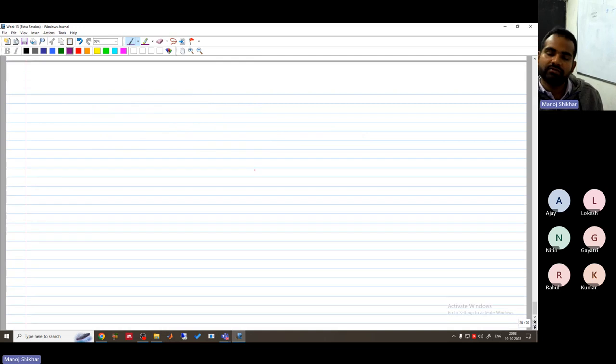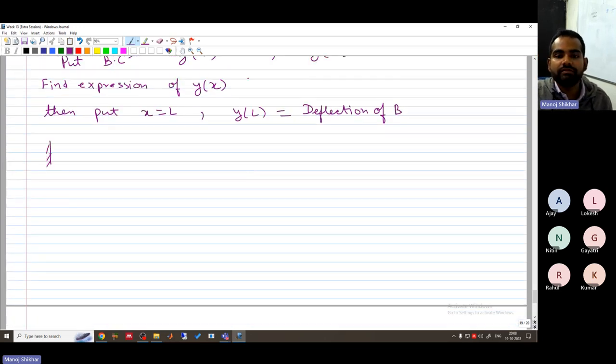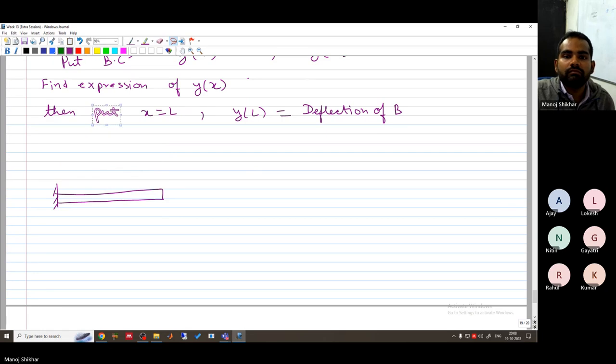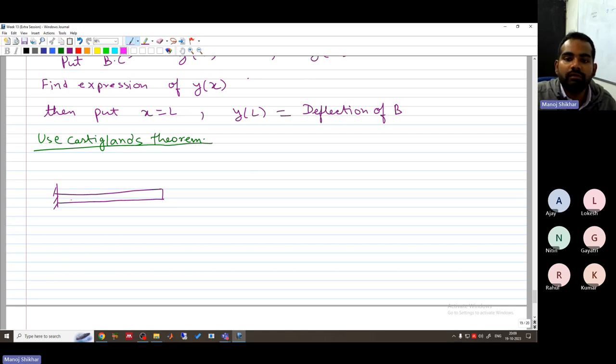The other method could be using Castigliano's theorem. If you remember, what we could have done is apply a dummy load at point B. Let us assume we applied a dummy load P at point B. Let's assume this is our point B, this is our point A, so we are moving in this direction.